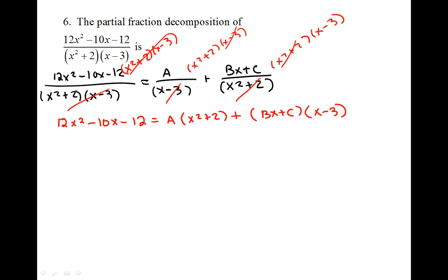My hand is still asleep. All right. So 12x squared minus 10x minus 12 equals Ax squared plus 2A, plus, foiling, we get Bx times x is Bx squared outer, minus 3Bx inner, plus Cx last, minus 3C.